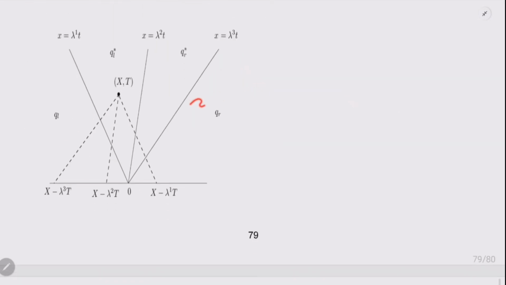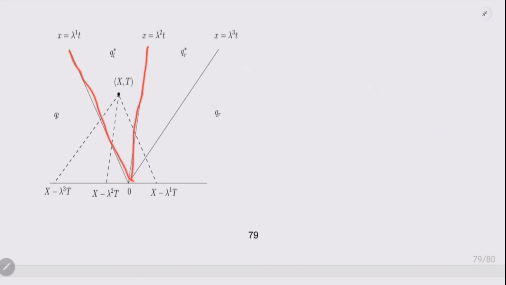This was the figure which was referred to in the question. Here you can see that initially we have only the left and right states, Q left and Q right. But when the solution evolves, we have three characteristics.